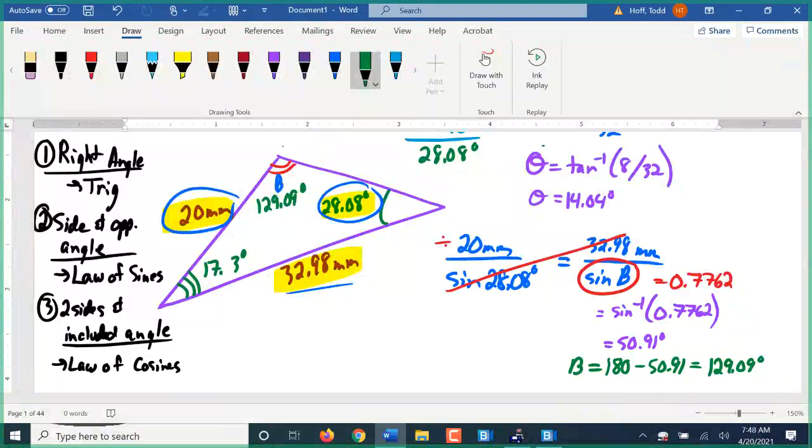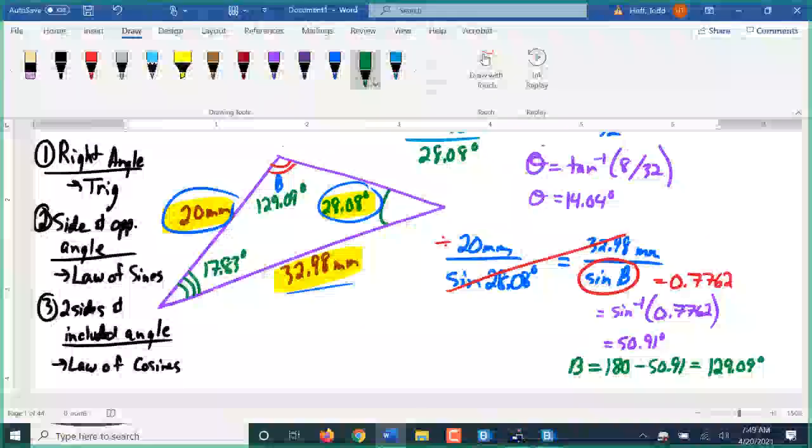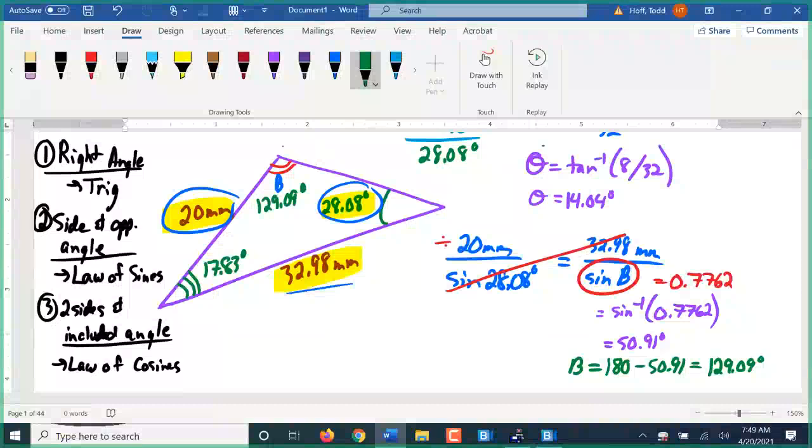It is, should be 8.3. Subtracted way wrong there. Let me try that again. It's not 17.83. It is going to be 22.83. There, that looks better.